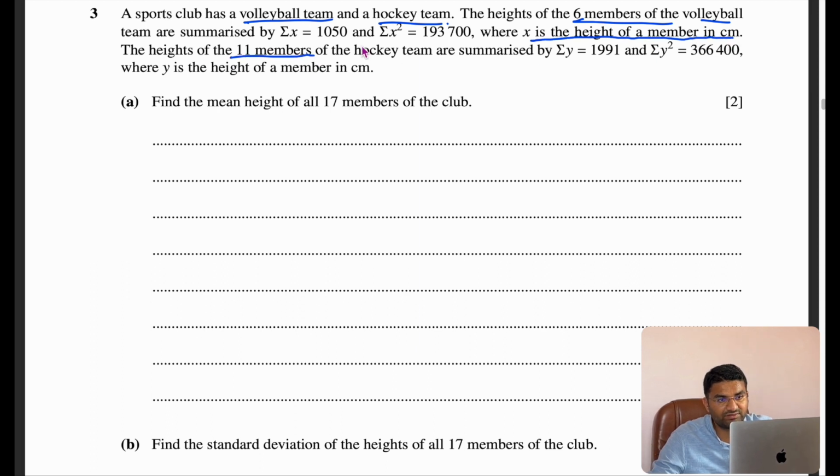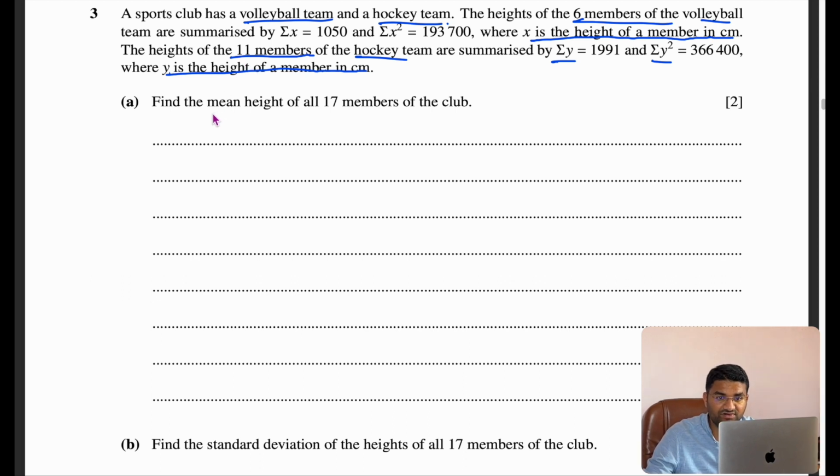The height of the 11-member hockey team is summarized as summation of y, which is 1991, and summation of y square is 366,400, where y is again the height of the member in centimeters.